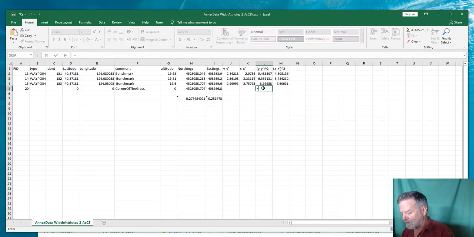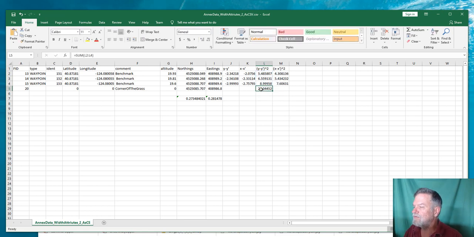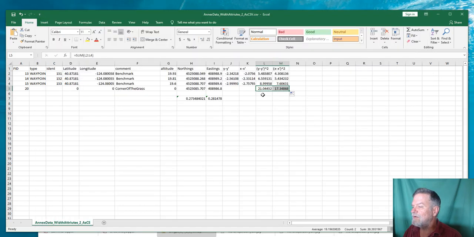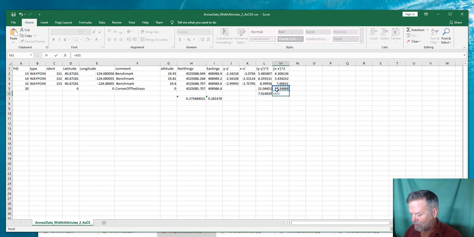So here I can do an equals sum these columns, close parentheses, and then drag that over. Okay, and now I need to take those values and divide them by t. T is the number of samples we have. So this value is equal to that value divided by 3. This one is equal to that value divided by 3.